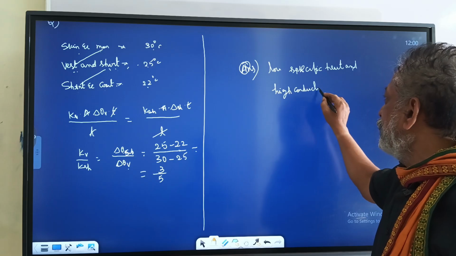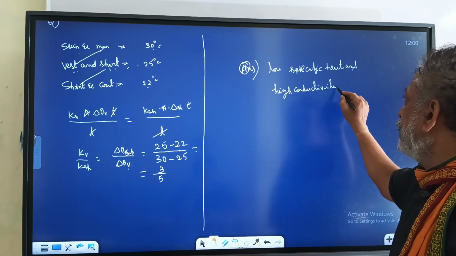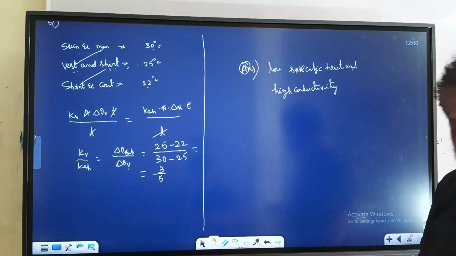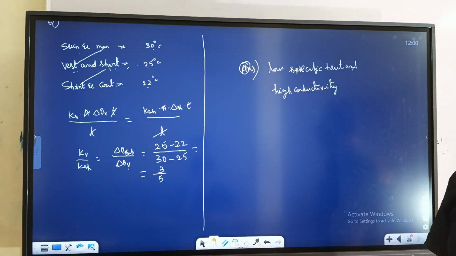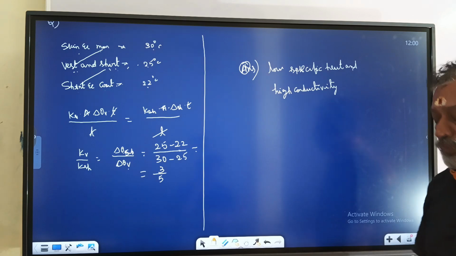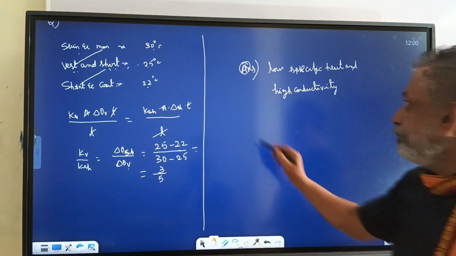What should be required? Low specific heat and high conductivity. This question asked a concept question. Now take the next question.